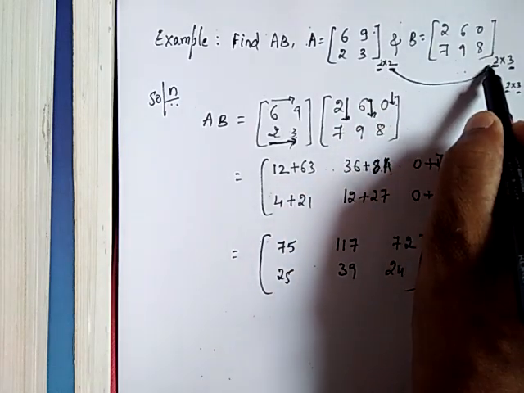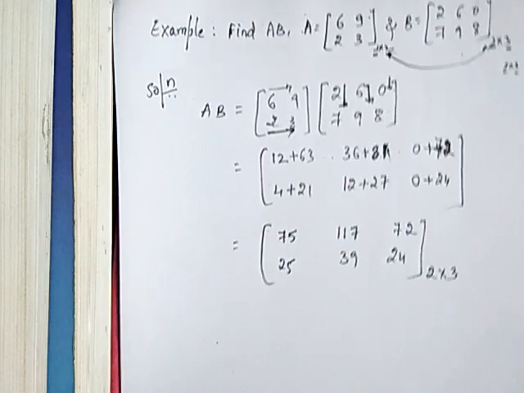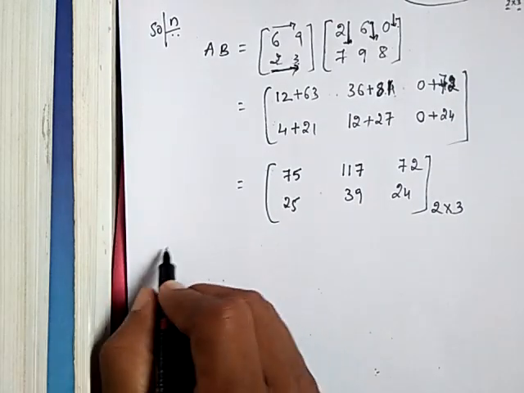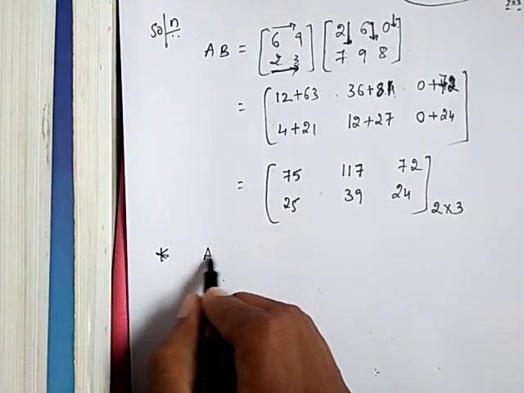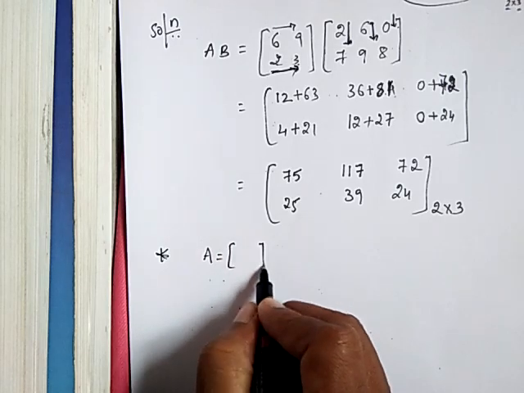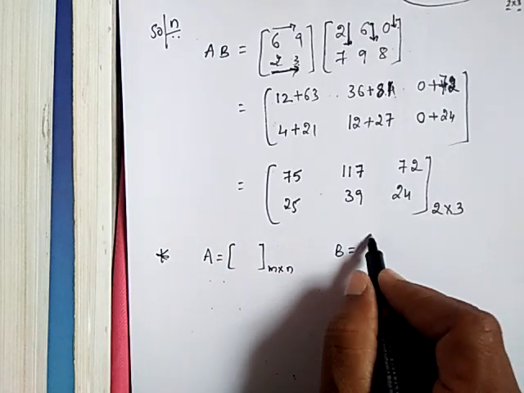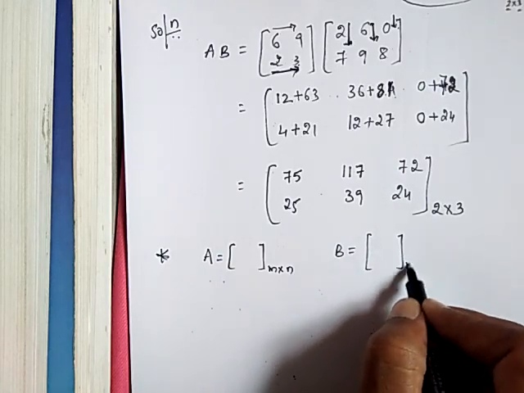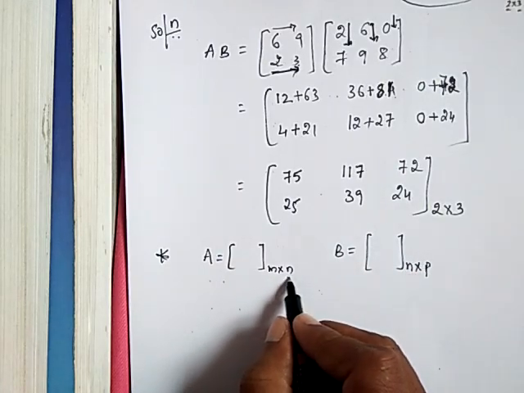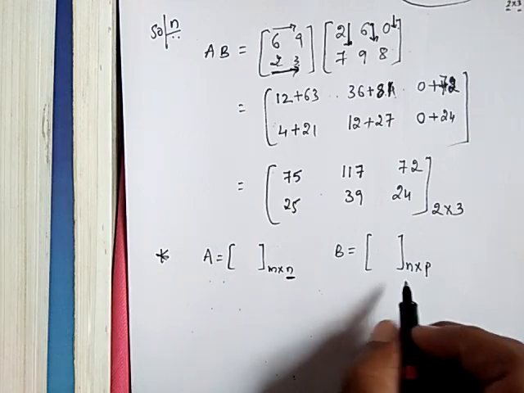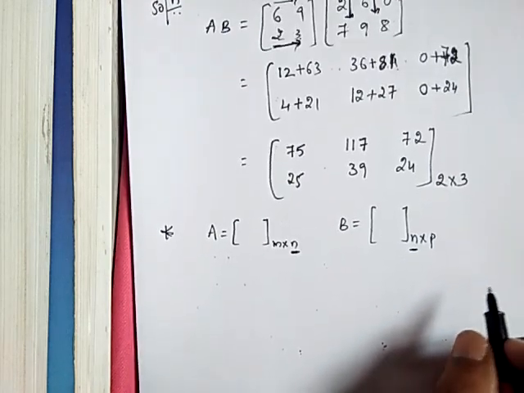These two should be equal. Now, how to multiply: if A is a matrix of m by n and B is a matrix of n by p, the columns of the first matrix and the rows of the second matrix should be equal.